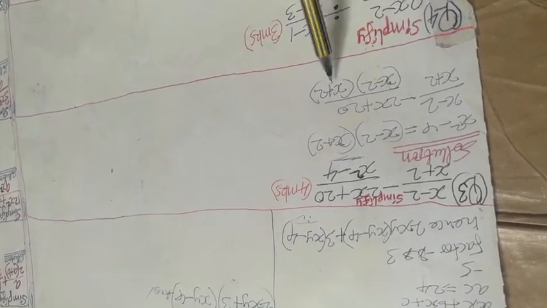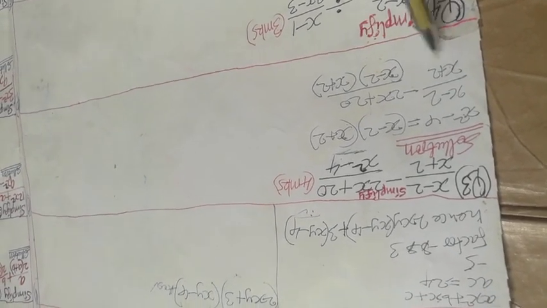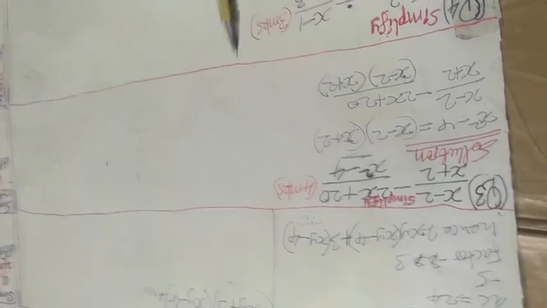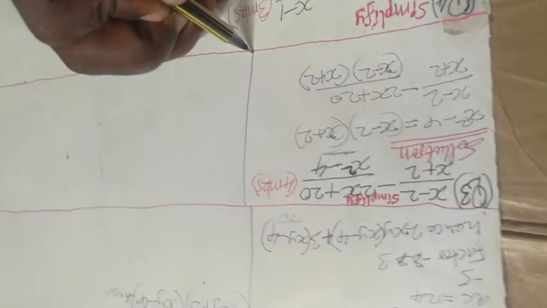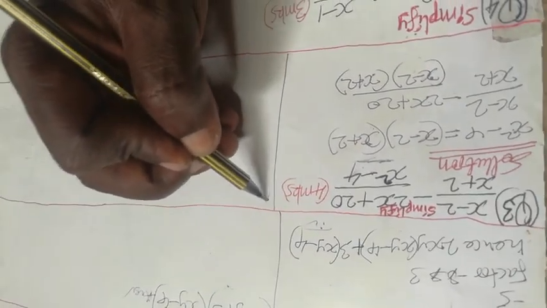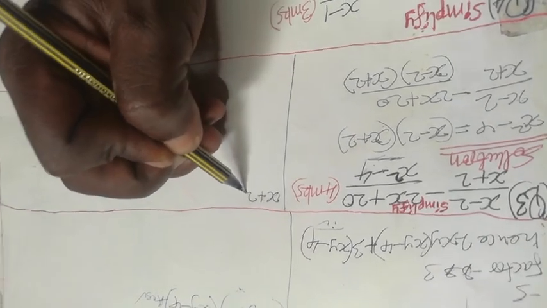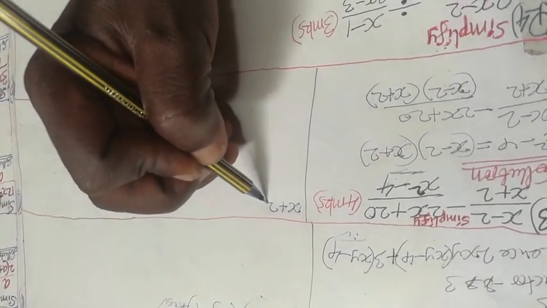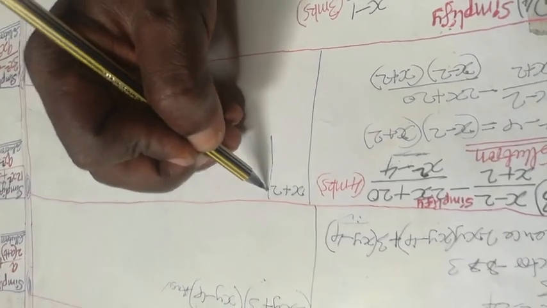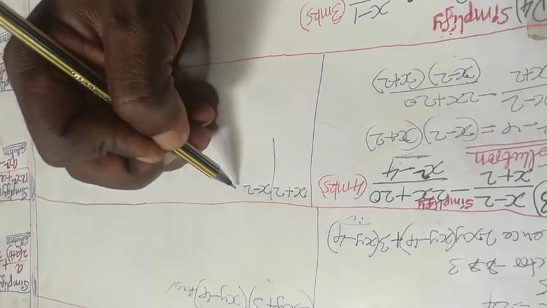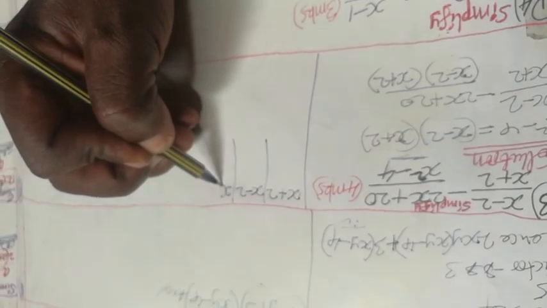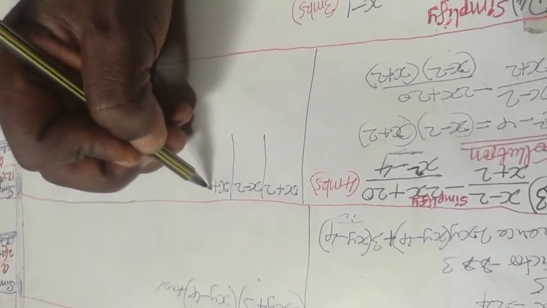Now, to find the LCM of the denominators, you find the LCM of this and this. Finding the LCM is very easy. This is the third step. We have x plus 2, x plus 2, and x minus 2, then x plus 2.